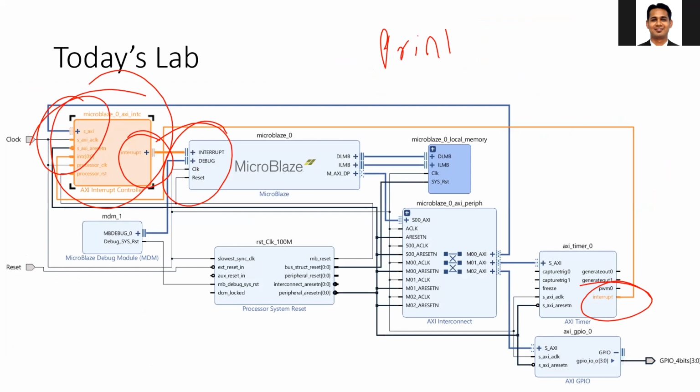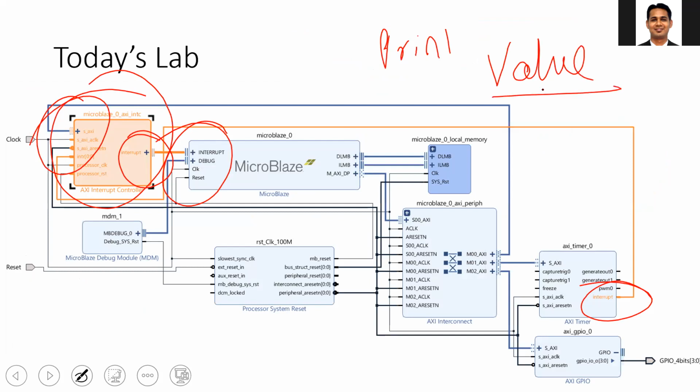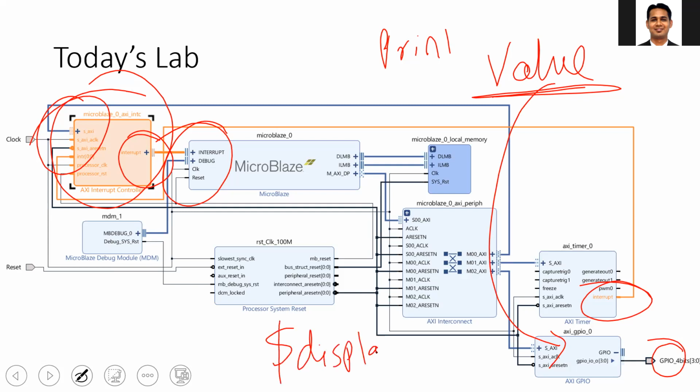You can see the value 1 which we used in the previous lab, and I want to display it in the simulation. Okay, so what are the options I have? I can pass this value to the GPIO and I can display it using the $display or $monitor command. I can display it on the screen.